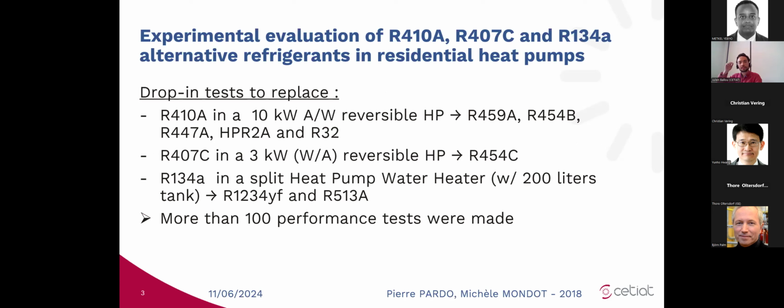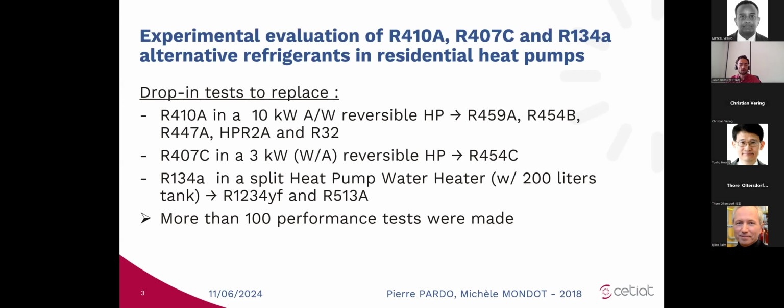So the first study shared to the Annex 54 was done a few years ago, 2018 or 2019, and the idea was to compare a few possible candidates for drop-in replacement concerning several refrigerants.